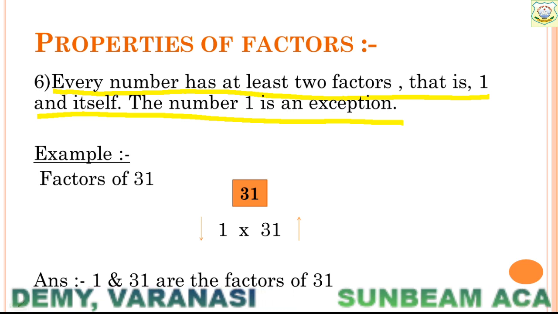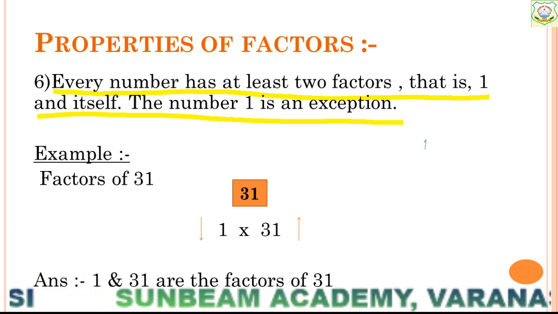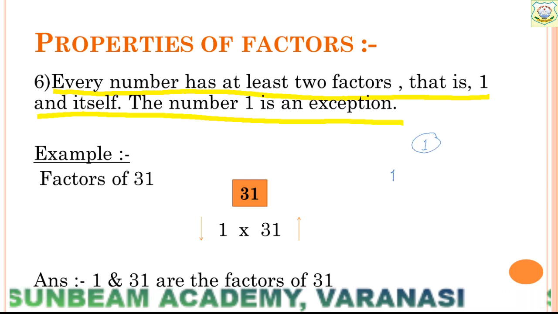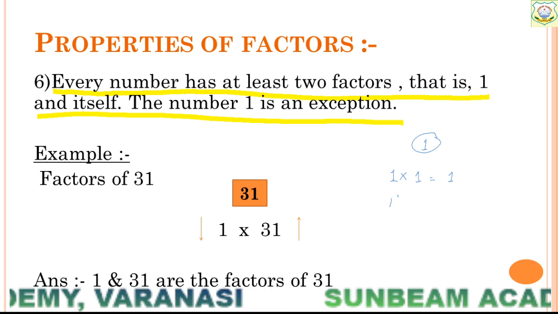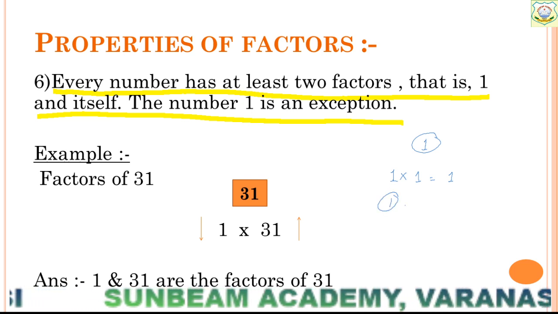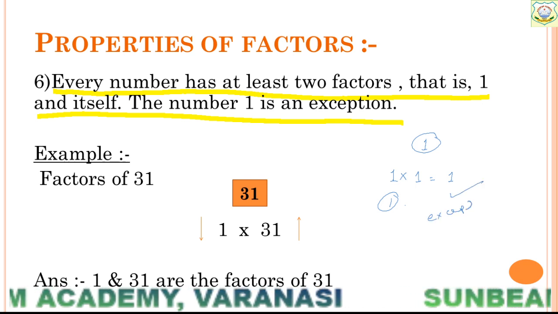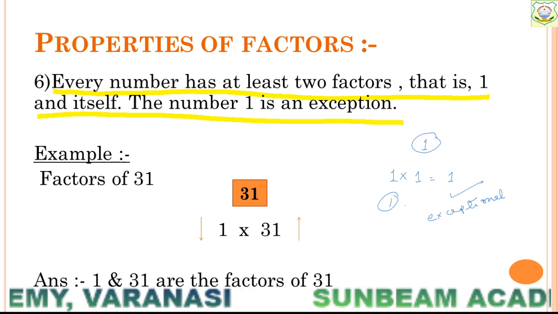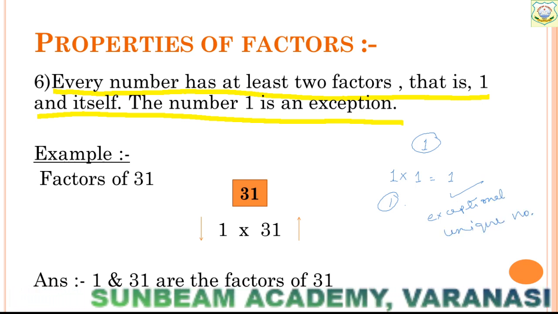Okay? How come? I am telling you. Now see here, if we are taking out the factor of 1, so what we are getting? 1 multiplied by 1 is 1. So 1 is having only 1 factor. The factor of 1 is 1. So that is why it's an exceptional number, or we can call it unique number. It's a unique number. Okay?